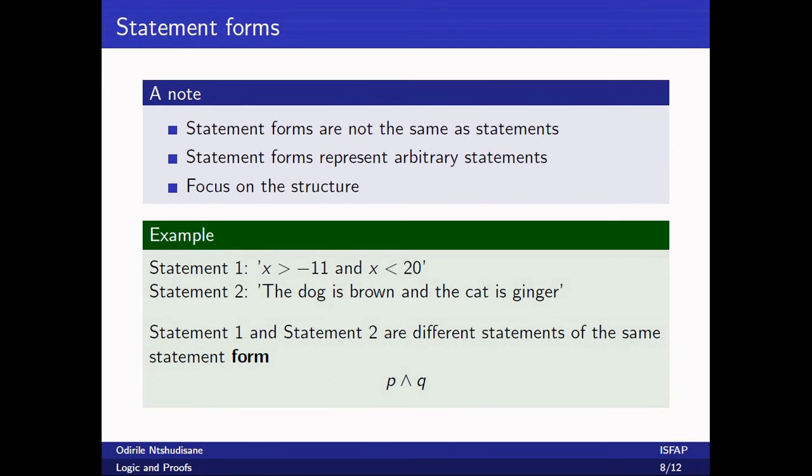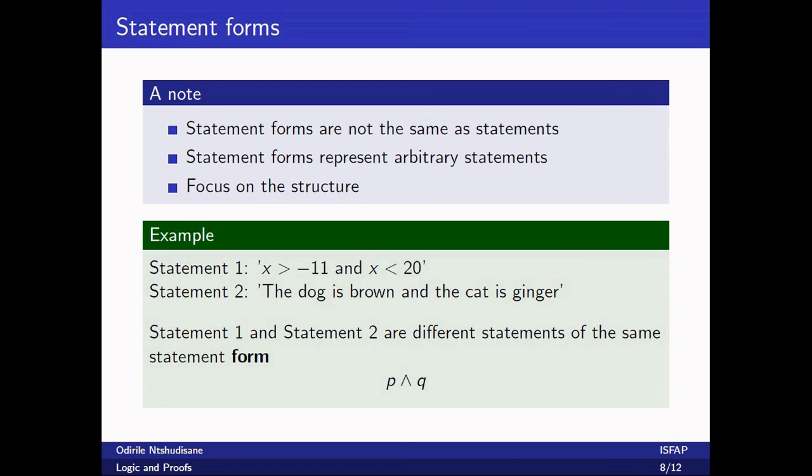A note on statement forms. Statement forms are not the same as statements. Statement forms represent arbitrary statements. That is, statement forms focus on the structure. An example of this difference is the following. We have statement 1 saying x is greater than minus 11 and x is less than 20.